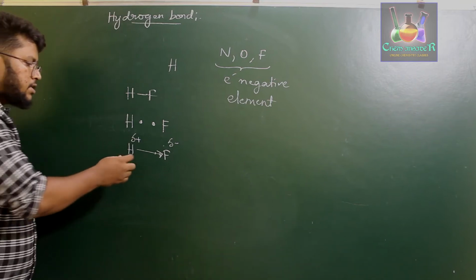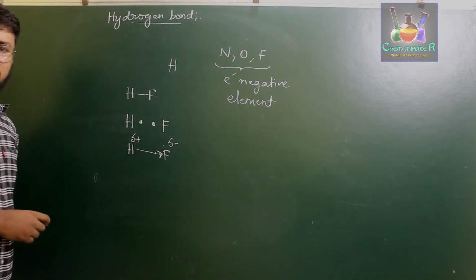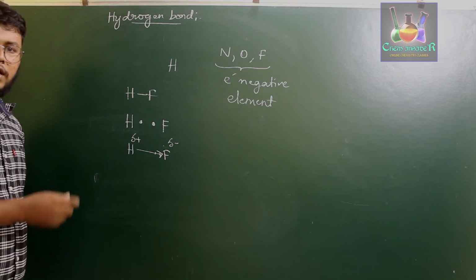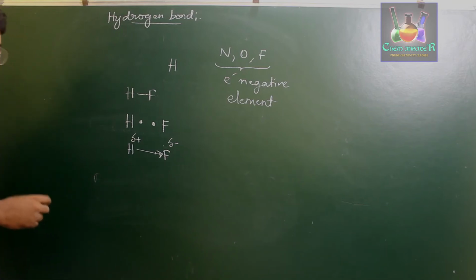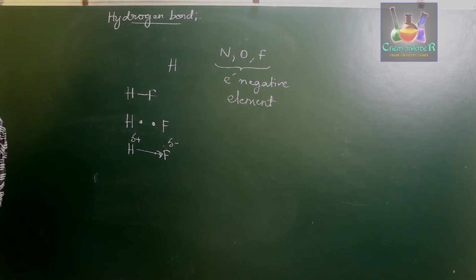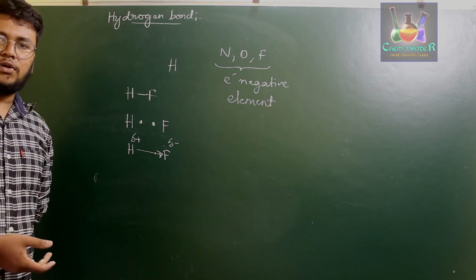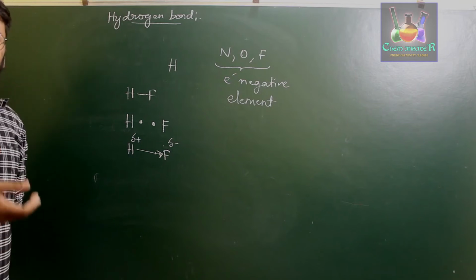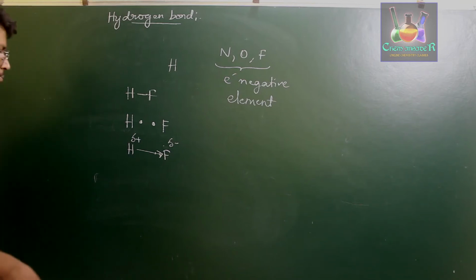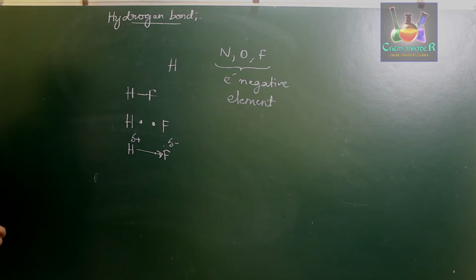Because of this partial positive charge formed on the hydrogen atom, it reacts with electronegative elements which have lone pairs of electrons.